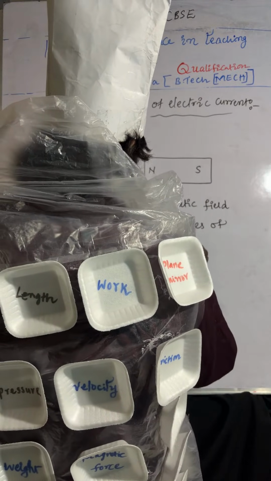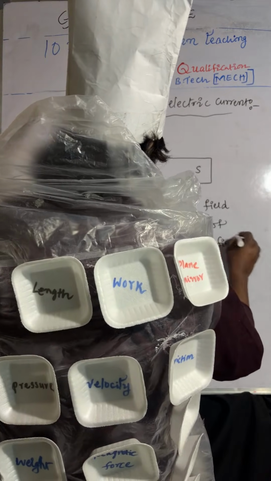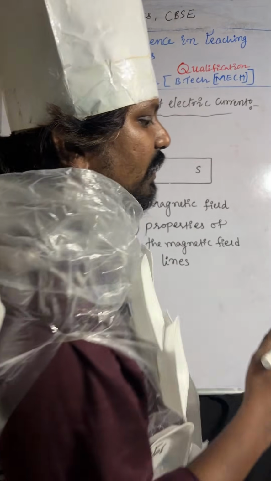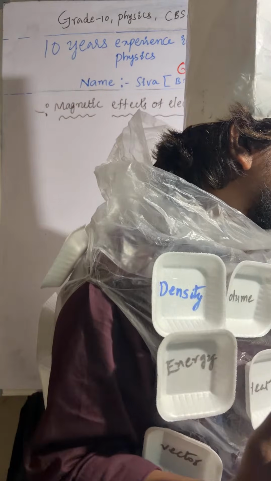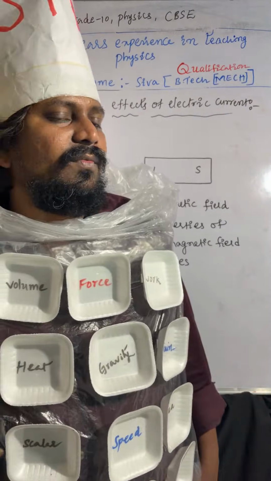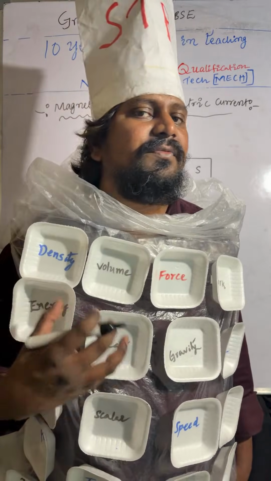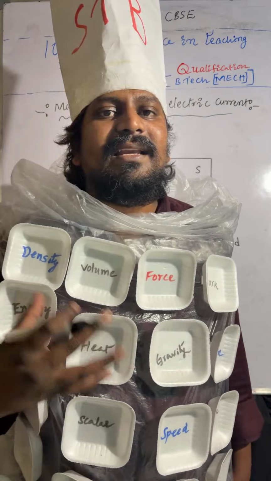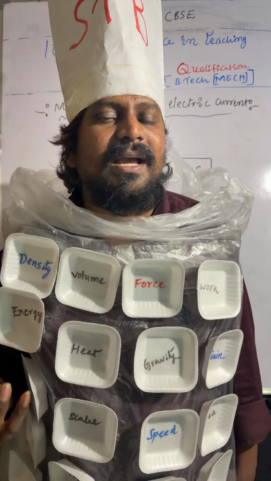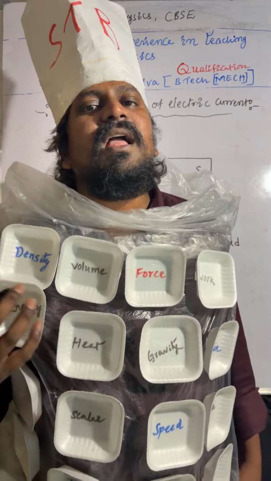The region around the magnet, the space around the magnet in which magnetic force is exerted, is called the magnetic field.